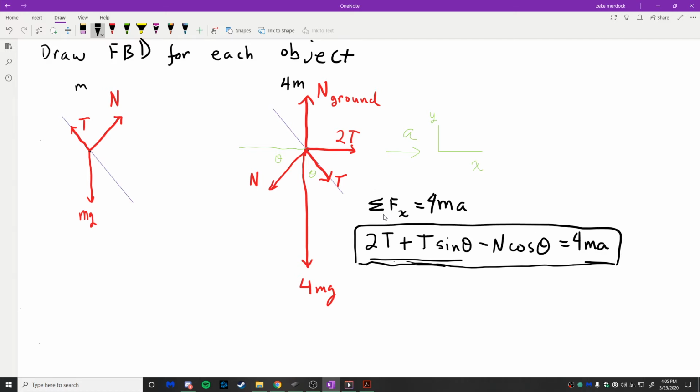In fact, we can just call that equation number 1 so we can refer to it later. The other equation we would get if we really wanted to write it down would be net force acting in the y direction. This should be equal to 0.